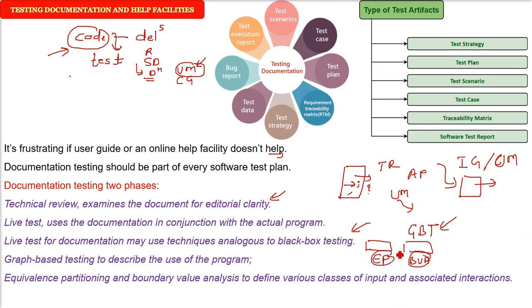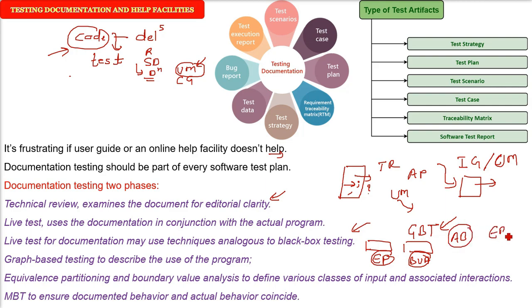So graph-based testing, equivalence partitioning and boundary value analysis, depending upon what exactly the documentation part is. You can use model-based testing (MBT) to compare the documented behavior with the actual behavior of the software. Does it coincide or is there a non-correspondence? So please understand, testing documentation is as important as testing your code.